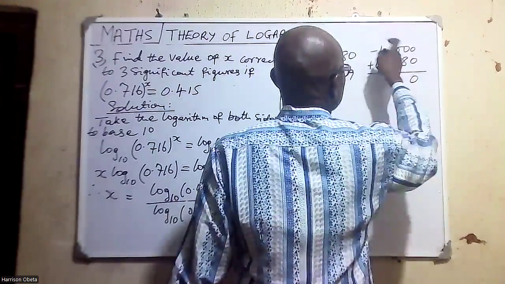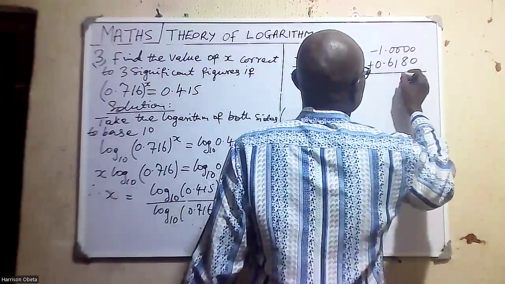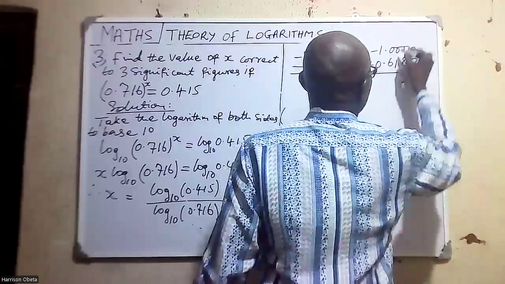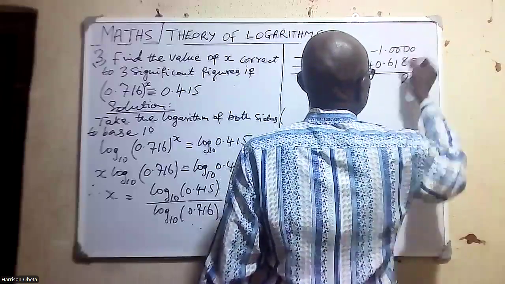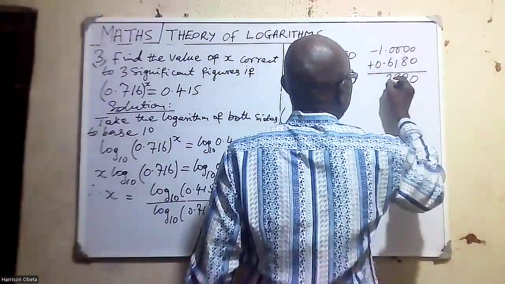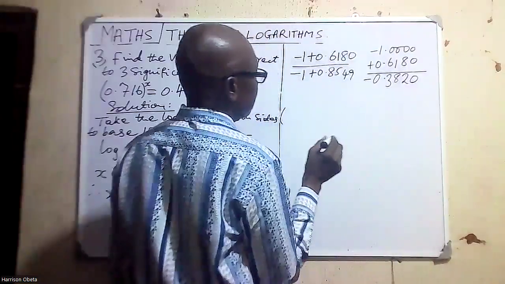Pick this one to the other side. You have, this is 2. Remaining 9. 9 minus this is 8. Remaining 9. 9 minus this is 3. And then this will be 0. So that is about that.